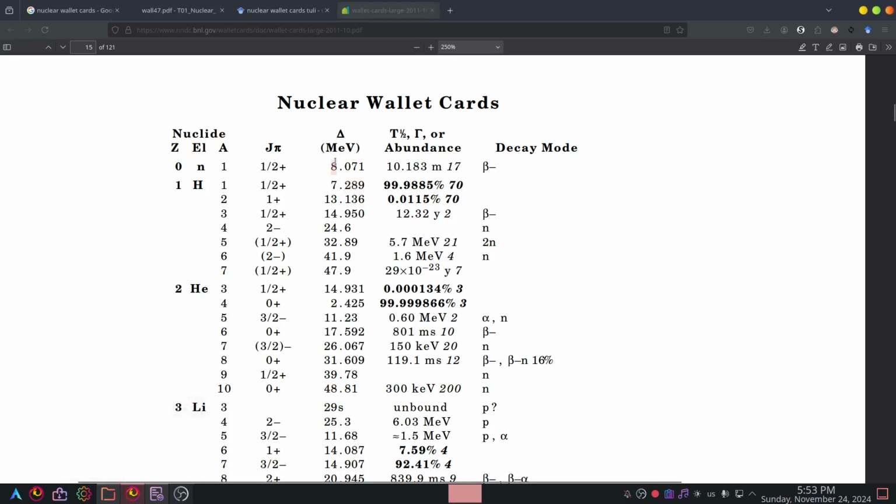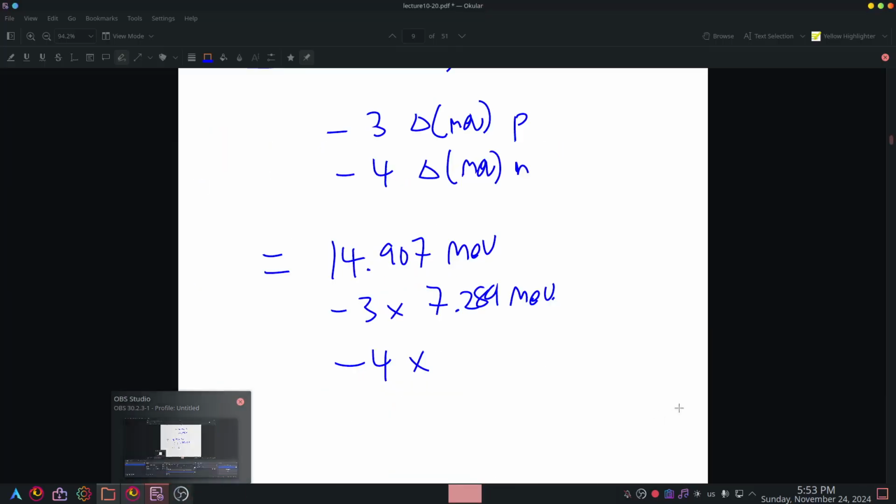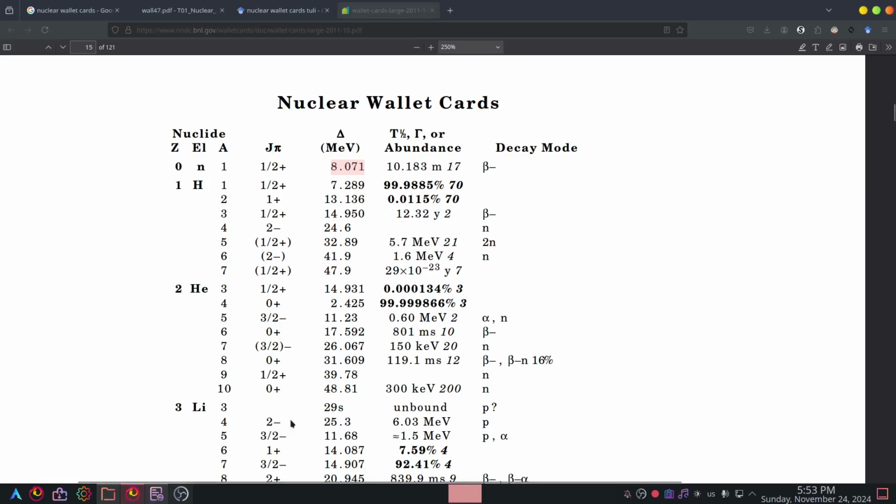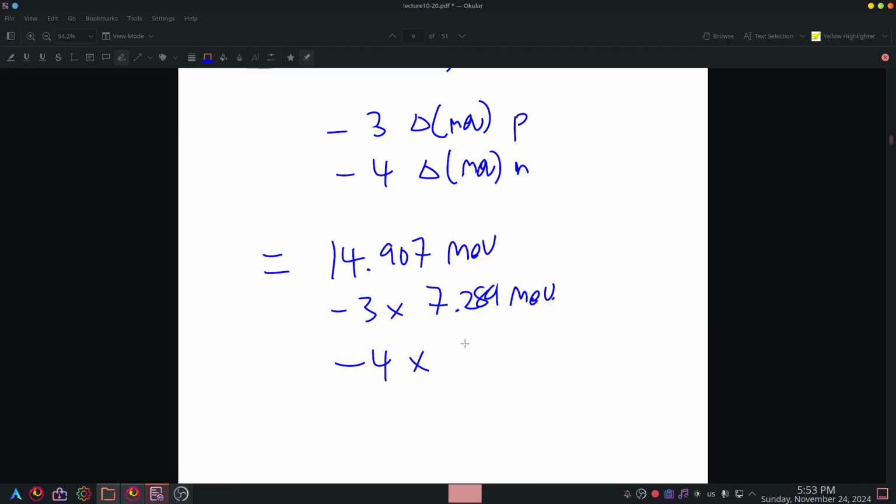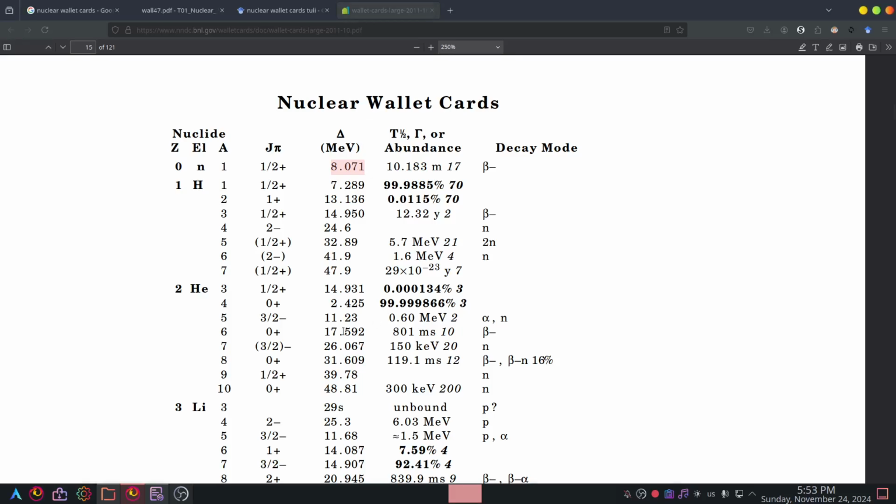The mass excess of the neutron is 8.071 MeV. Just notice here that the neutron is slightly heavier than the proton. That's something you should know offhand, or rather, I'm just telling you now. But if you are going to do nuclear engineering, this is a very important fact you must know.